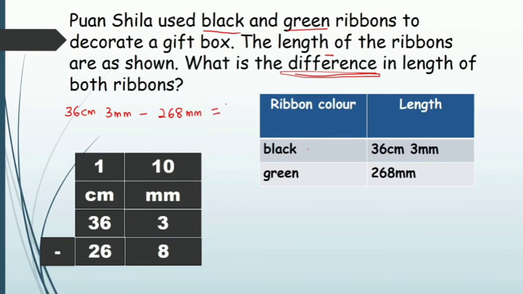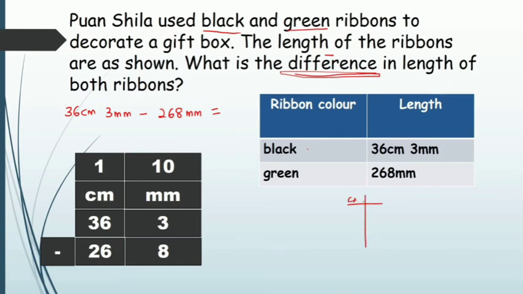This is the number sentence. But you see, is it correct? Is this 36 centimeter bigger than 268 millimeter? When the units are different, we need to make the units the same. Then only can we find the solution, whether we are on the correct track or not.